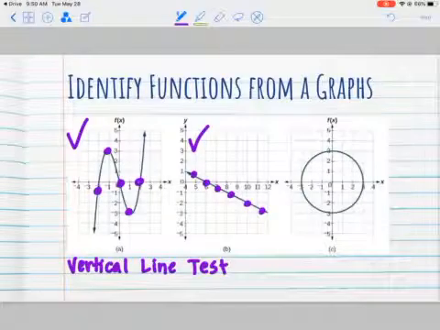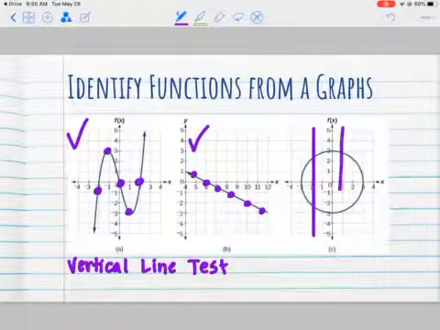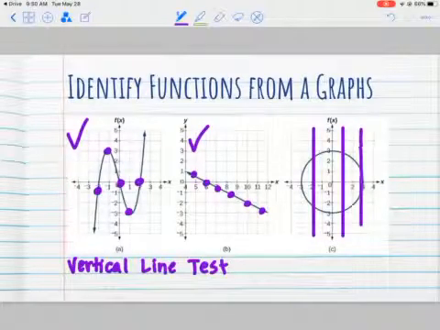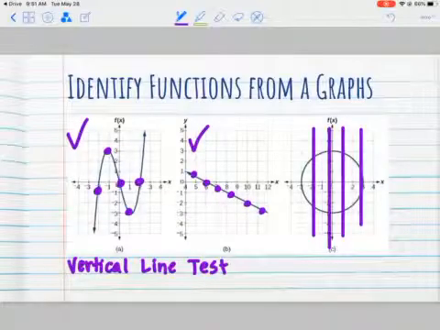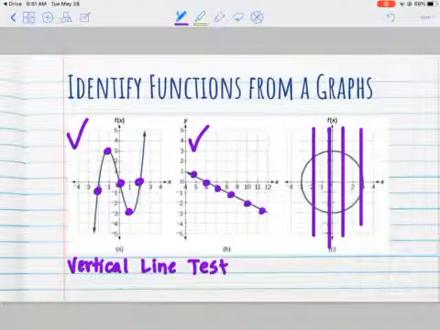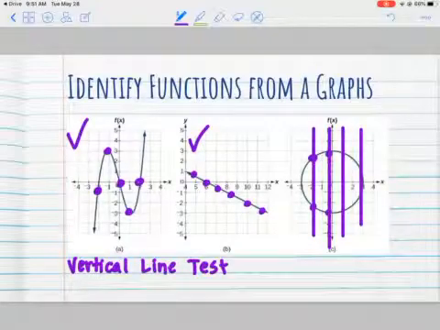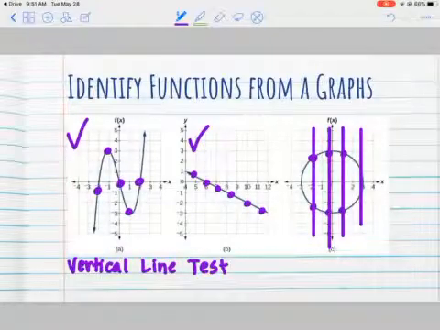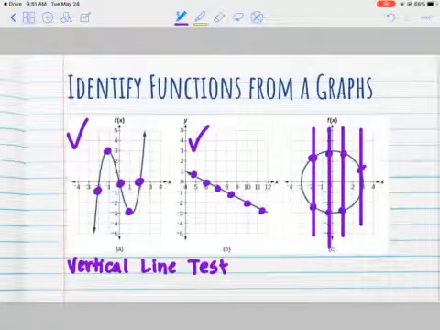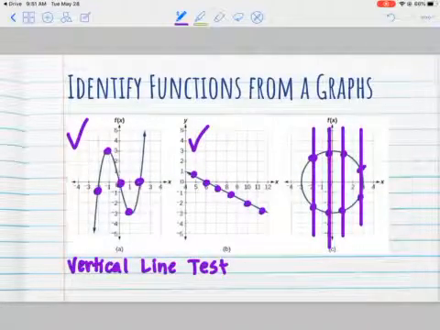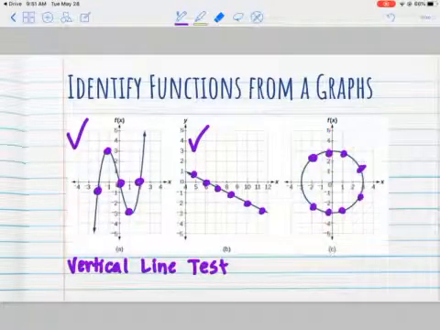Looking at our third graph, if we draw vertical lines, notice that there are several places where it's hitting twice. Here, my vertical line is hitting 2 points on the graph at the same time. This represents two y values for one x value.